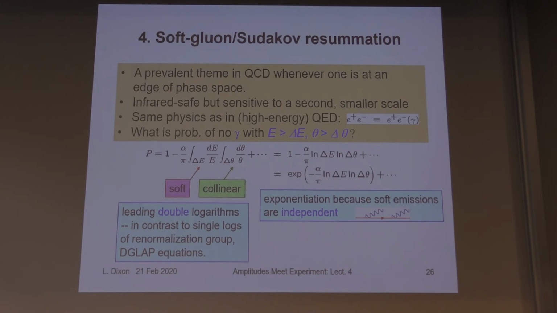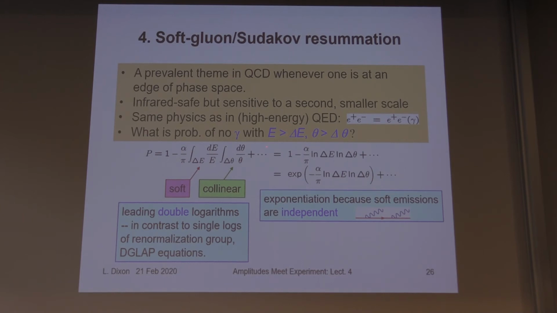For example, they can be similar to the situation that happens in high energy QED, where you have massless charged particles scattering into massless charged particles, and you ask about the probability of producing an electron at exactly the same energy, that is, of not having any photon with non-zero energy.